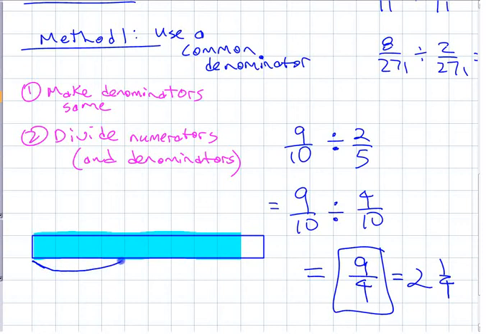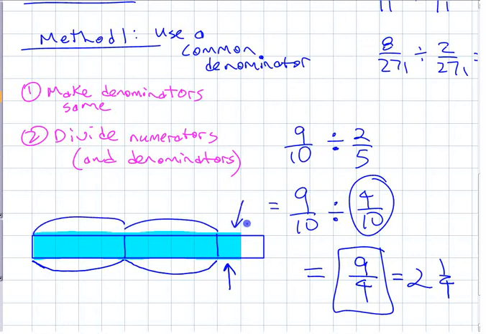Here's 4/10, right? That far would be 4/10. And there's another 4/10. How many of those have I fit in so far? How many of those have I fit in? 1, 2, and how much is left over? There's one, there's another, and I got 1/4 of another one, right? I have 2 of these things and 1/4 of one left over.